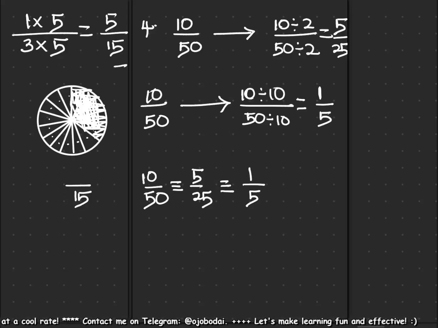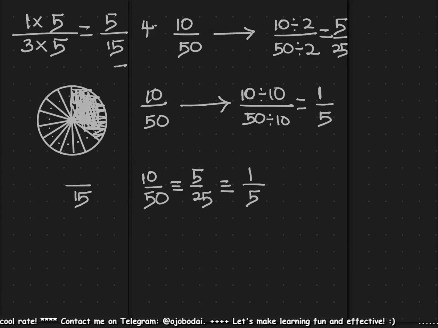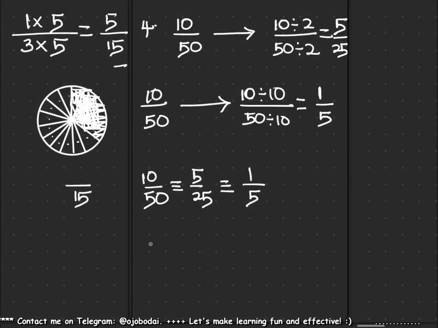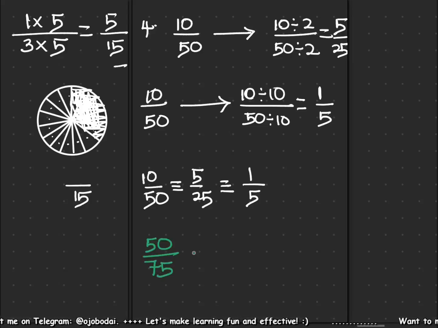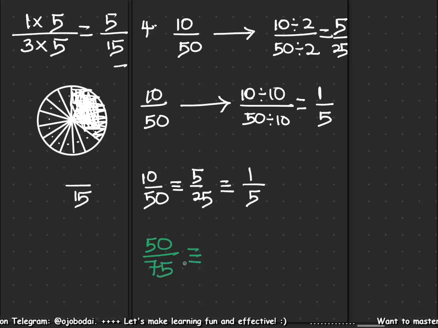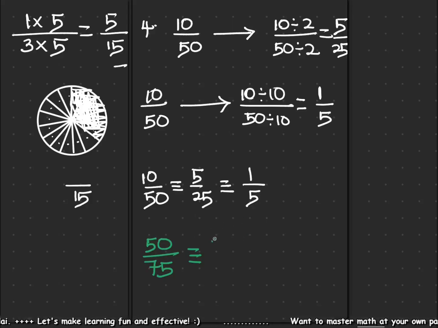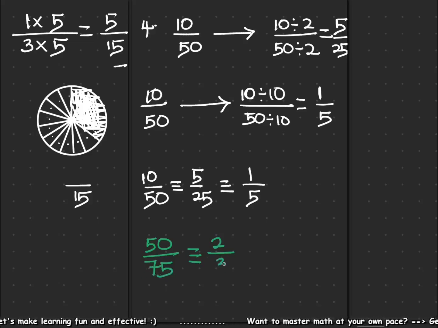The same way, if we are to pick any other number, this time around, let's pick a bigger one. So 50 over 75. 50 over 75 is equivalent to, if we have to use the division, let's divide by 25. So if we divide by 25, that is 50 divided by 25 gives us 2. And 75 divided by 25 gives us what? 3. So 50 over 75 is equivalent to 2 over 3.